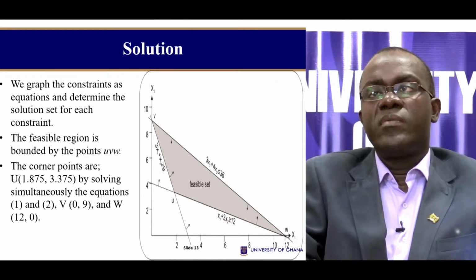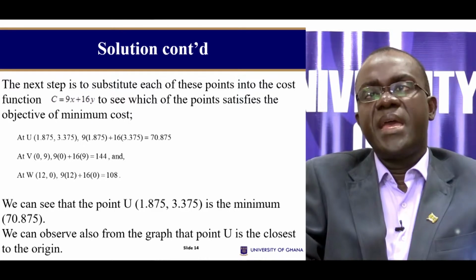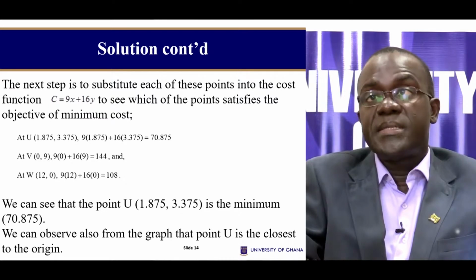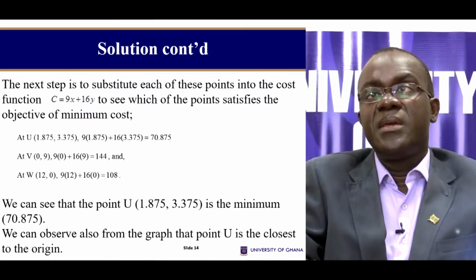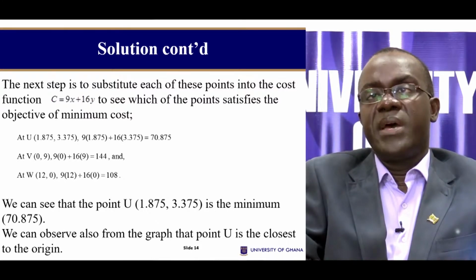So when we solve this equation and that equation, we got this. So we are set. We fix in the values over here, and looking at that, we see that the minimum is attained over here. And the minimum value is what we can get over here. It's attained at these points, 1.83, 873, and then 3.375.